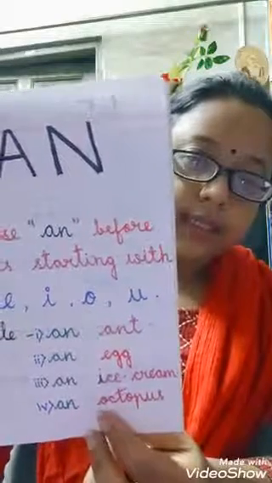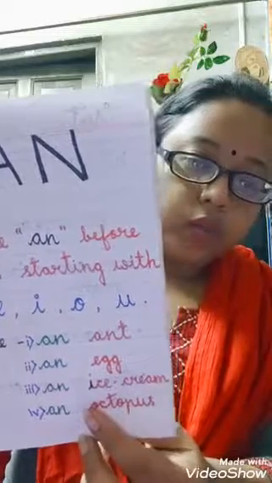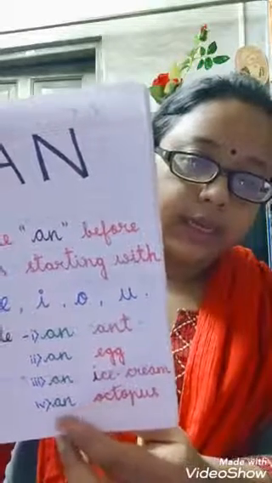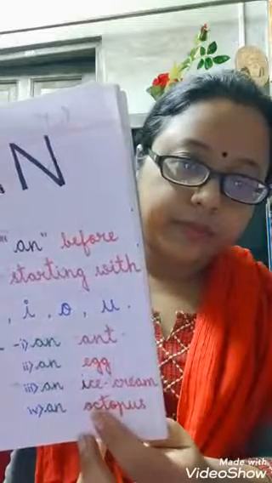It is starting with O. So, we will be writing an octopus. Whenever there is any word that starts with A, E, I, O, U, we will use an before writing those words. Clear?